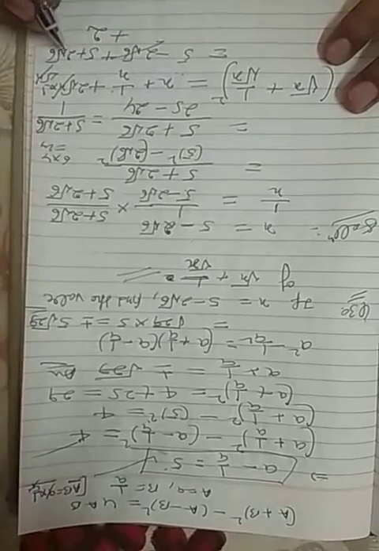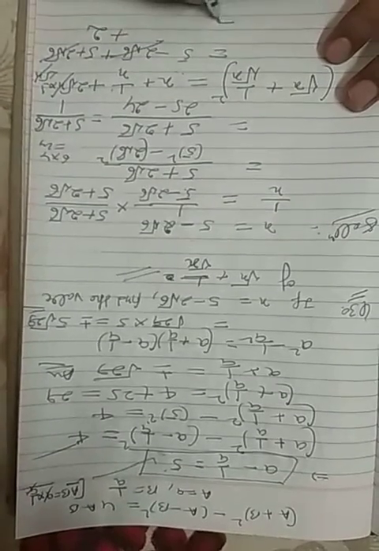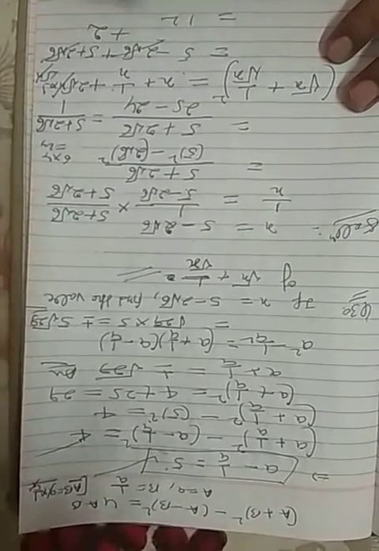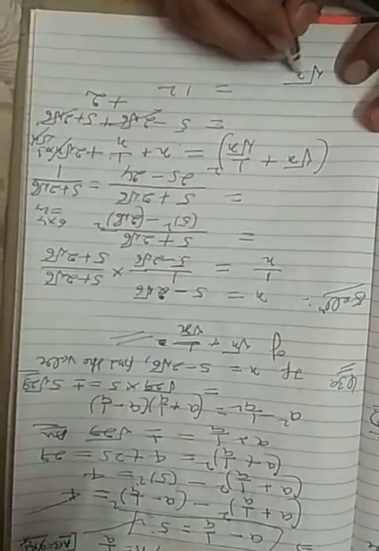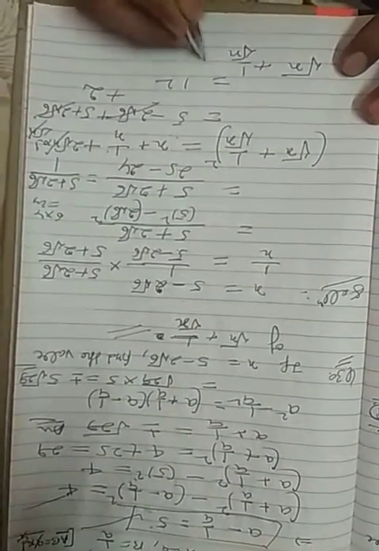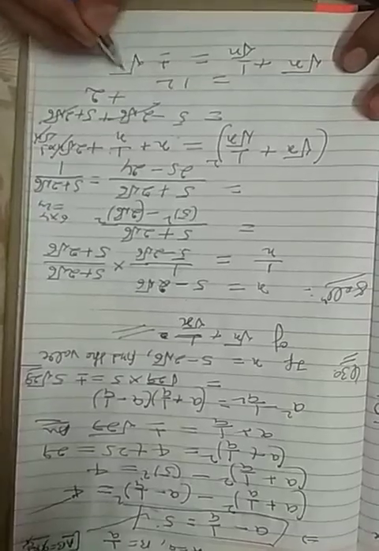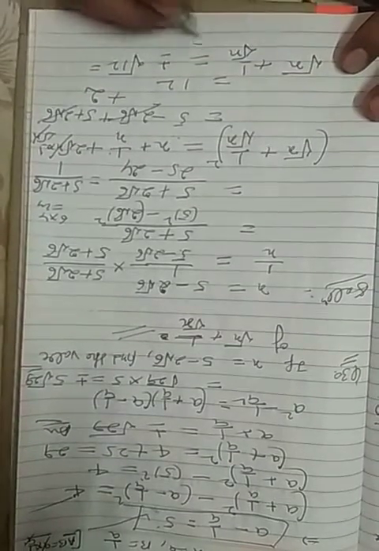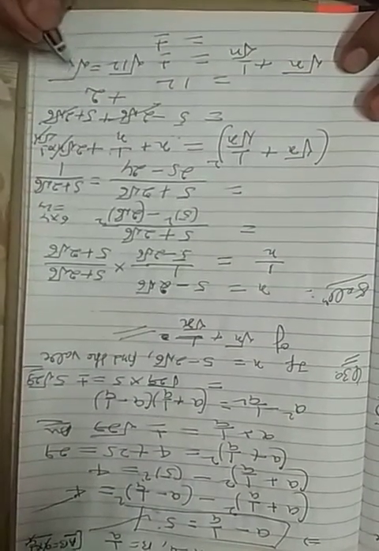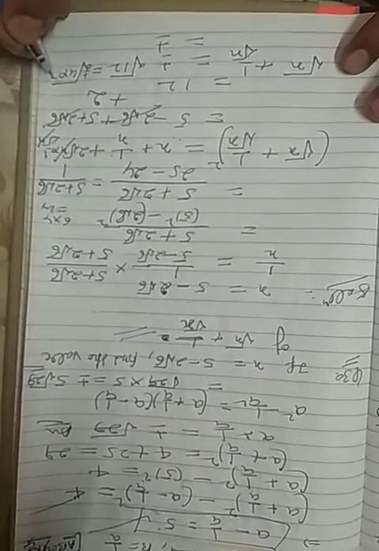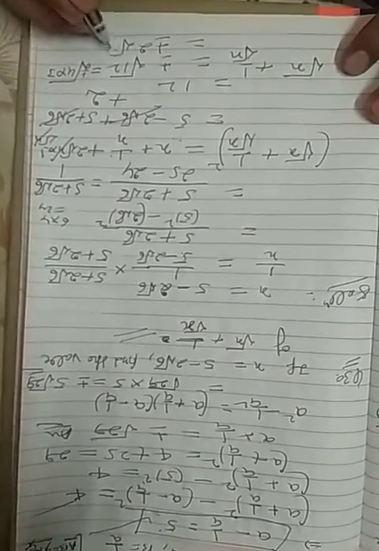The 2 root 6 cancels out, giving 10 and 12. So taking the square root, we get the value root x plus 1 upon root x equal to plus minus under root 12, or after factorization, plus minus root of 4 into 3, square root of 4 is 2, so 2 root 3.